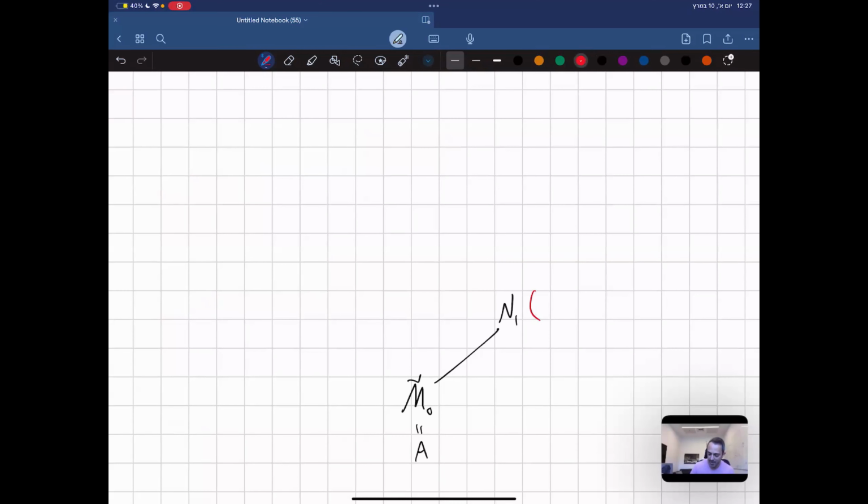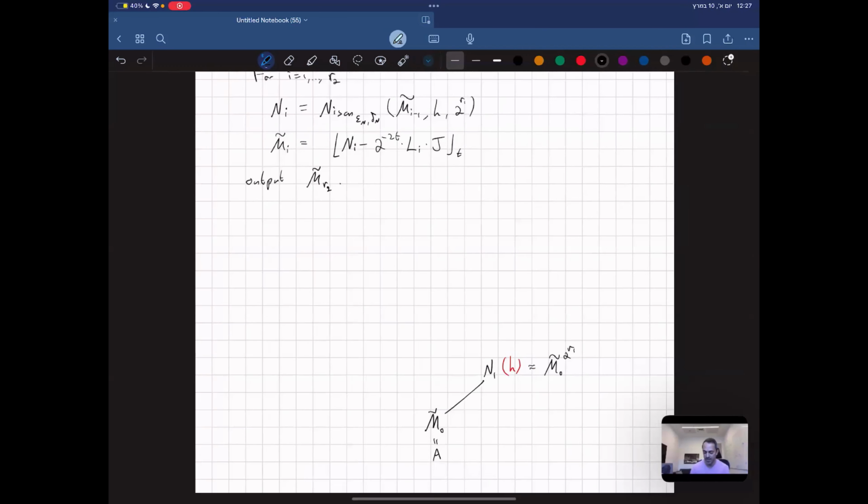That depends on H. It tries to approximate M0 tilde to the 2R1, but it does that using H.